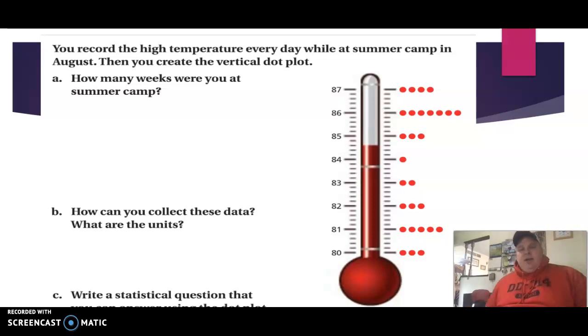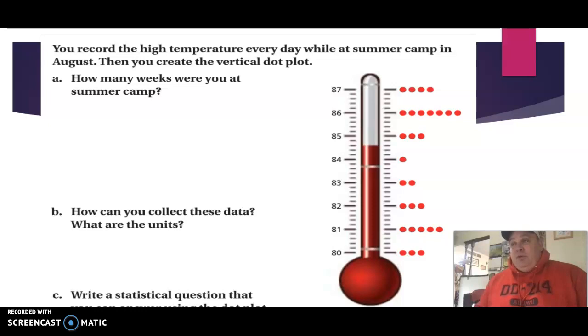If you said what degree temperature was recorded the most, you would be wrong. That would be a non-statistical question because there's only one answer. That would have been 86 degrees. An example of a statistical question would be, what did you like doing most when the temperature reached above 86 degrees?